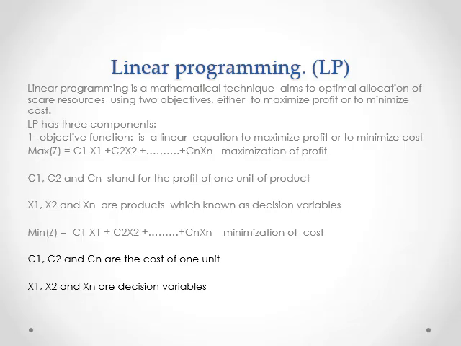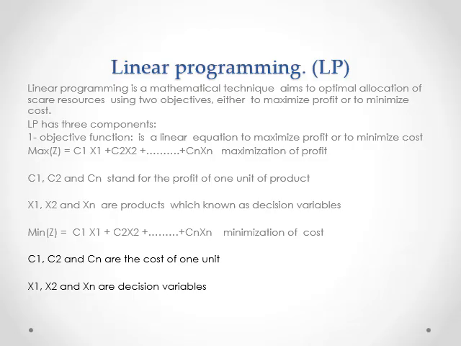What that means: C1 is the profit of 1 unit of product X1, C2 is the profit of 1 unit of X2, and Cn is the profit of 1 unit of Xn.